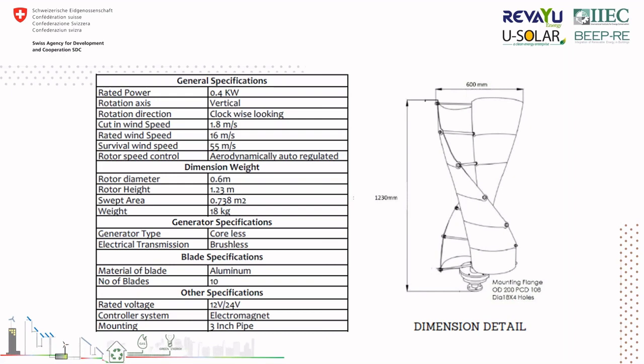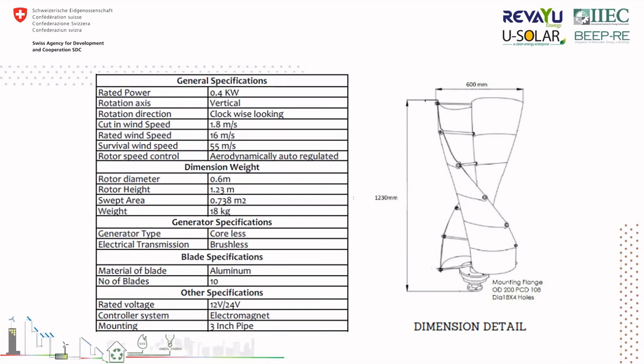So what happens in the case of a vertical axis wind turbine is that it starts rotating at very low wind speeds. It is made of aluminium alloy, a lightweight body, and we want it to start rotating sooner, but it picks up peak generation at relatively high RPM in comparison to a horizontal axis wind turbine.